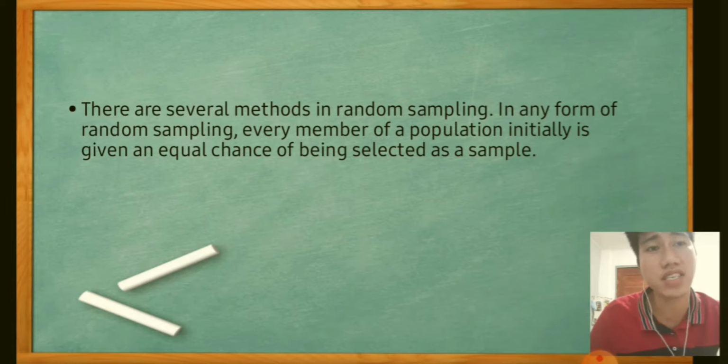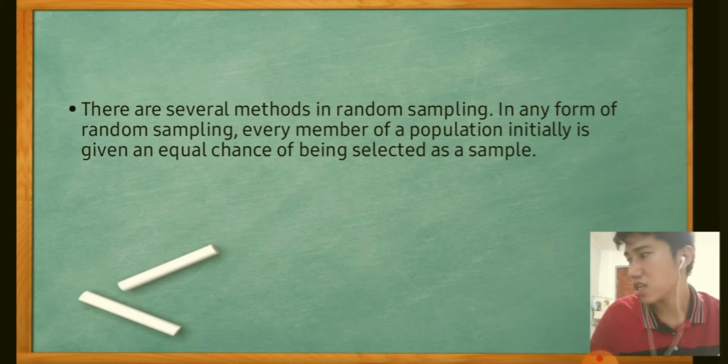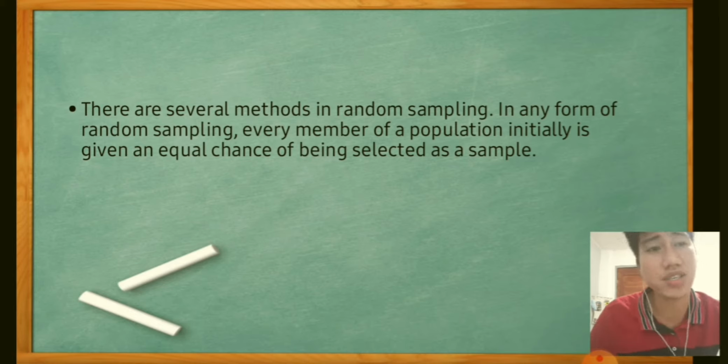Random representation means that every student in BSHM has a chance to be selected as part of the sample. And the 10 students will become a representation of the whole BSHM1 student population.